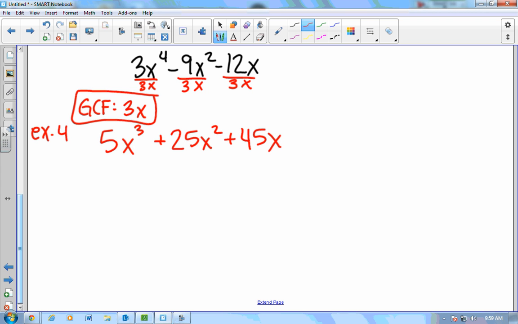It can't be any bigger than the smallest one, 5. I'm just looking at the coefficients. So GCF equals... and at most, how many x's can we pull out? We can't ever be any larger than the smallest one.